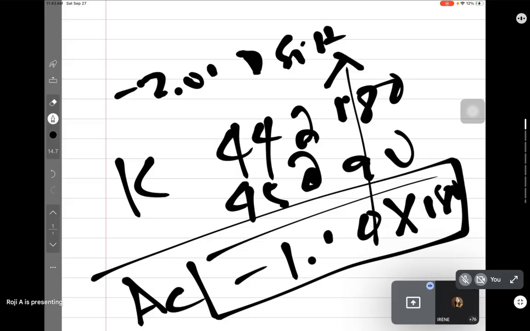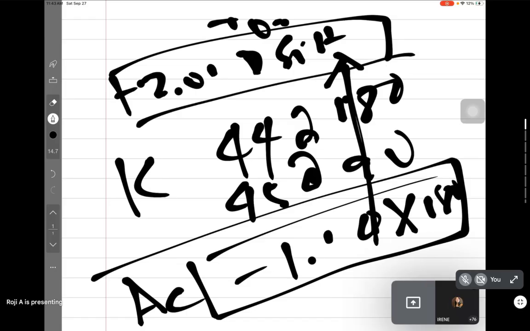Is it the same, Irene? No po. Why? Because the AC is axis 180 and then there's no axis on the total. Very good. Not only is there no axis, there's no astigmatism in my total. I don't have astigmatism.